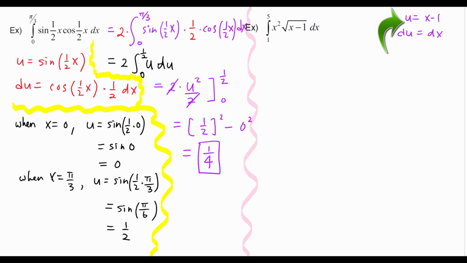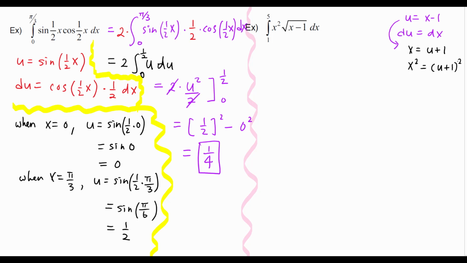So you're going to go back to your u, solve for x, and then find the x squared in terms of u. So we're going to solve this for x. You can just do that by adding 1 to both sides. So you can see that x is equal to u plus 1. So then x squared will be u plus 1 squared.